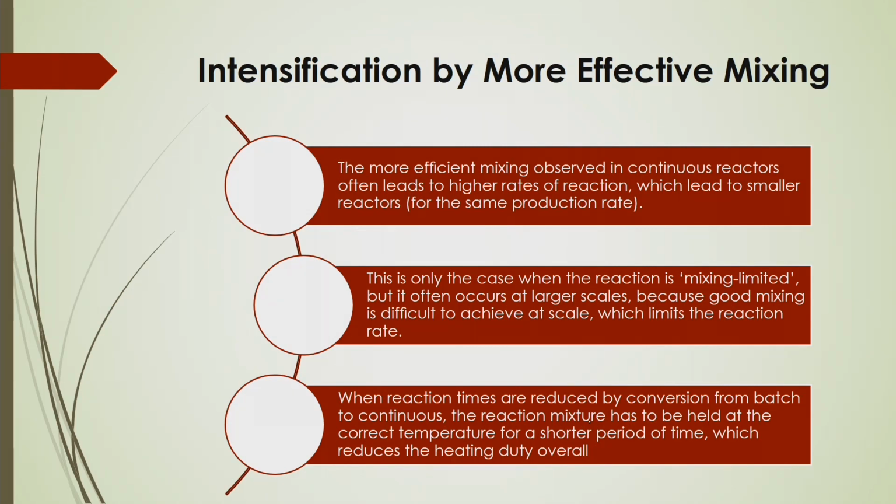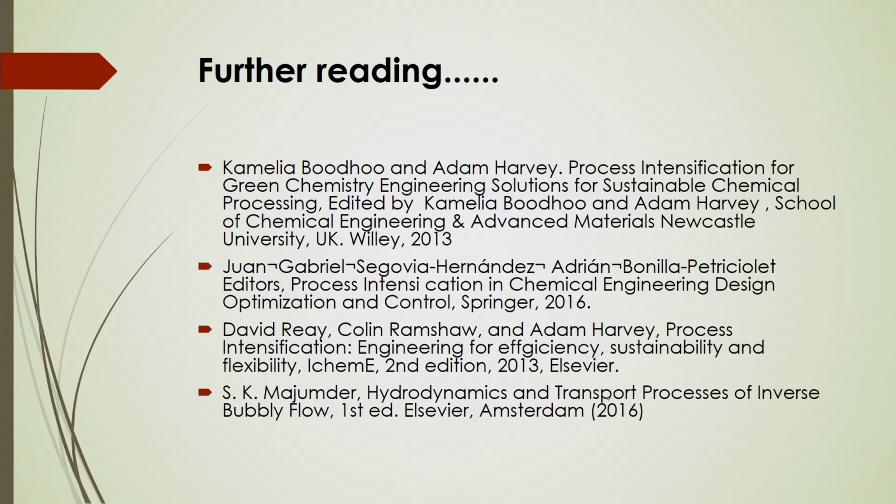In that case, good mixing is difficult to achieve at a scale which limits the reaction rate. And when reaction times are reduced by conversion from batch to continuous, the reaction mixture has to be held at the correct temperature for a shorter period of time, which reduces the heating duty in that particular reactive system overall.